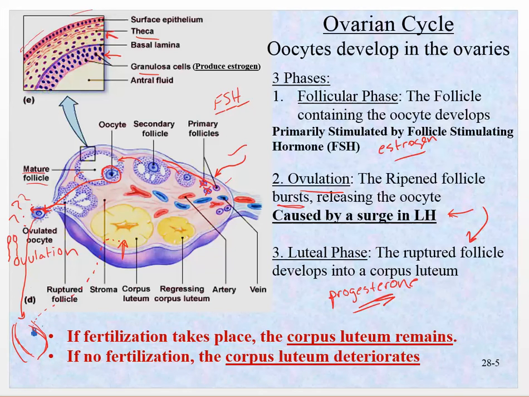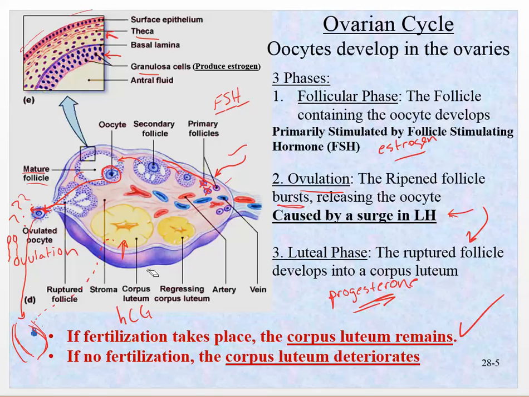That signal is something called human chorionic gonadotropin, HCG. And once the corpus luteum gets that signal, it says, okay, I'm staying. I am going to make sure that I produce the proper hormones to nurture this endometrial lining and make sure that this baby survives.